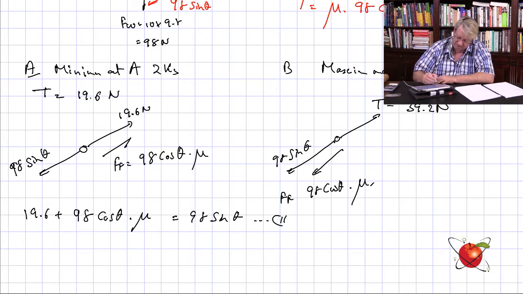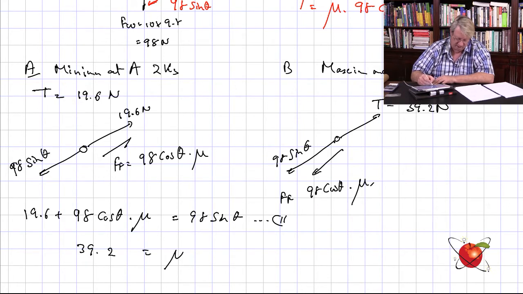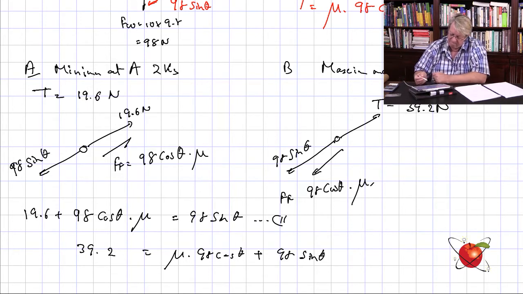And do the same for the other one. We say 39.2 must be equal to mu times 98 cos theta plus 98 sin theta, because they're acting the same way.